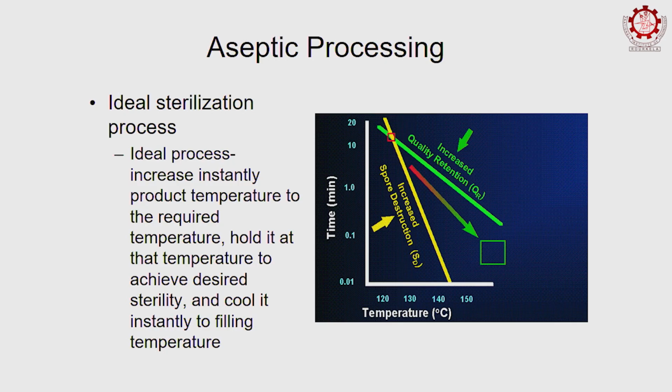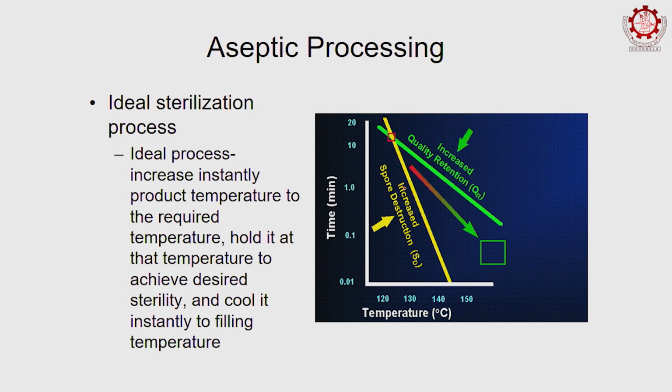If you remember from the quality kinetics and the D values and some of the related data, the nutrients are relatively more heat stable compared to the microorganisms. So, if you can raise the temperature quickly, you kill the microorganisms quickly without much damage to, say, the nutrients.